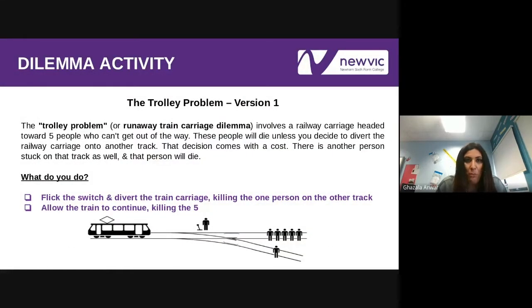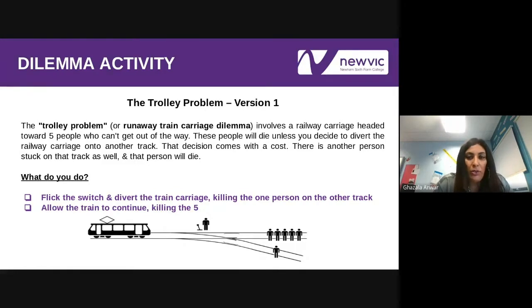We're doing a moral dilemma activity. If you've just joined us, make sure you've got pen and paper handy. This is something that we call the trolley problem, and we're going to look at 2 versions of it this morning. Version number 1: imagine this scenario. There is a railway carriage headed towards 5 people who can't get out of the way.